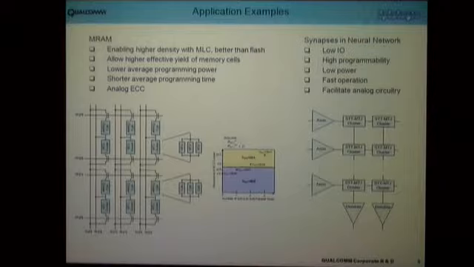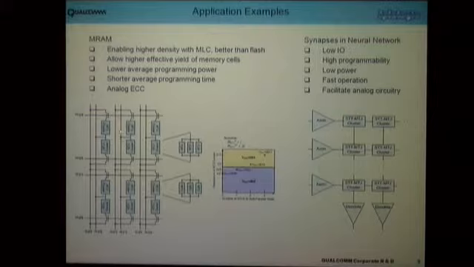And also because the MTJ itself does not take up silicon footprint, the density is extremely high in comparison to flash. In the meantime, MRAM made out of STT-MTJ can run much faster and also consume much less power with probabilistic programming.